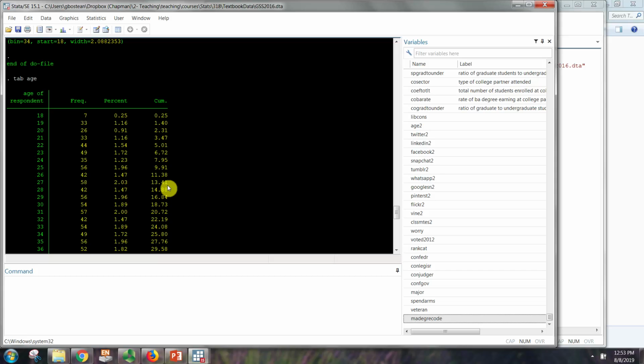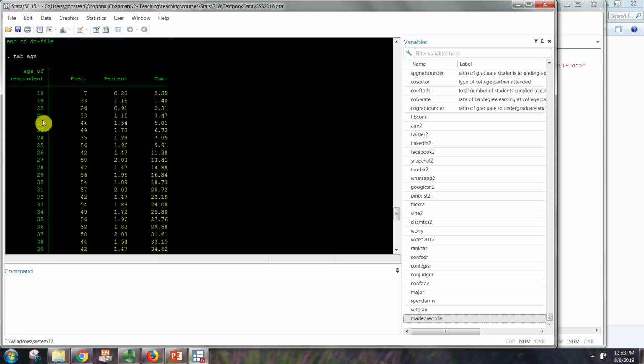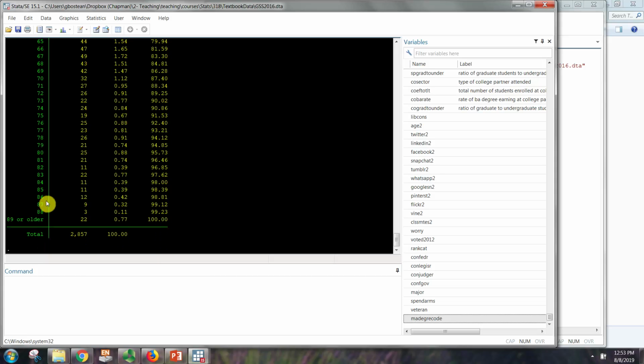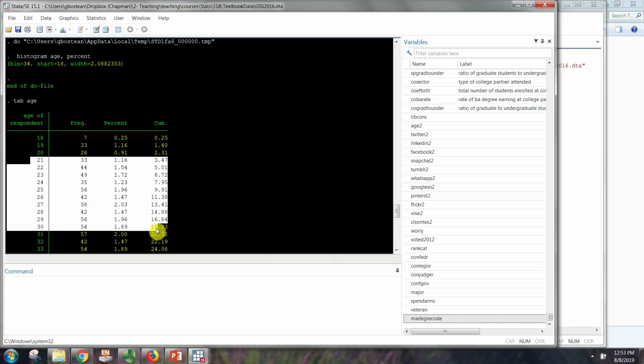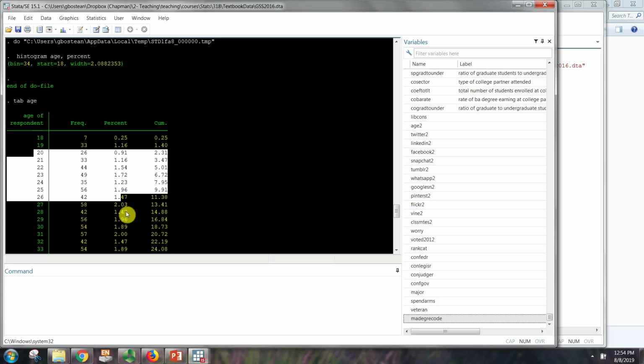which you generally wouldn't want to do, because as you can see, there are so many different categories for age that it doesn't really make sense to look here and go, oh, okay, we have approximately 2%, right, cumulatively, who are age 20 or less, or age 20 to 30, we'd have to add up these categories, right?